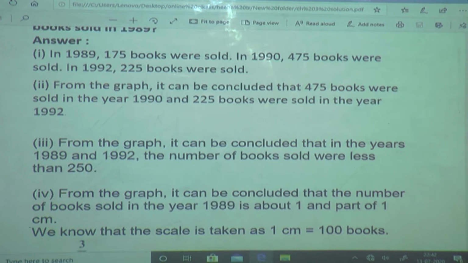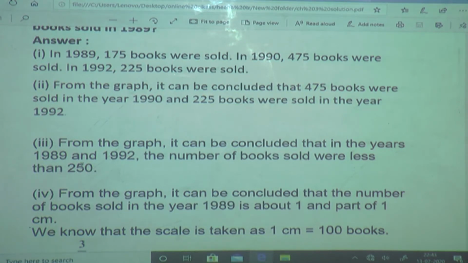From the graph, it can be concluded that, as I said, not exactly, but approximately 475 books were sold in the year 1990 and 225 books were sold in the year 1992. From the graph, it can be concluded that in the years 1989 and 1992 the number of books sold was less than 250.